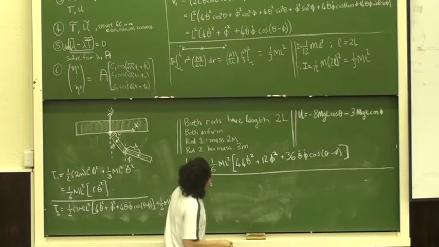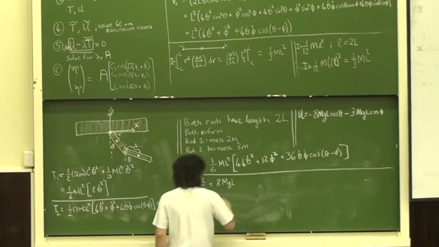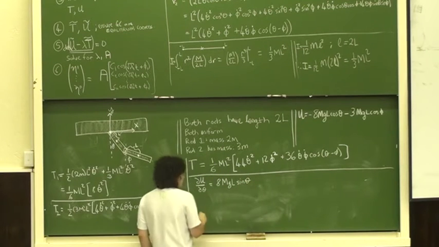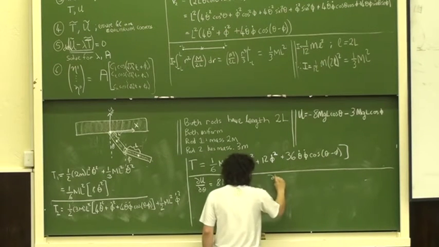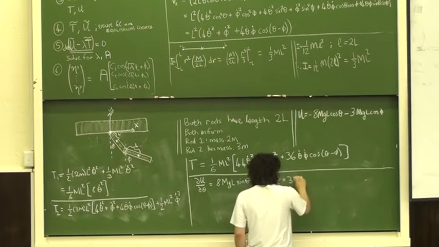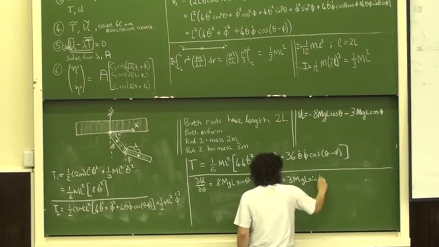Del U by del theta is simply 8 mgl sine theta, and del U by del phi is simply 3 mgl sine phi.